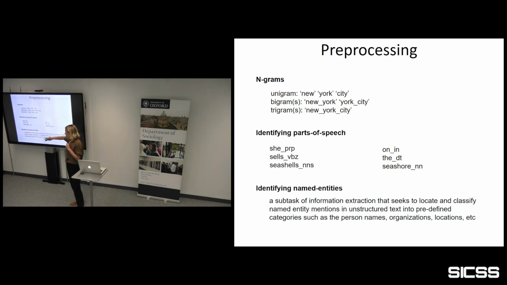And then identifying named entities, which is a subtask of information extraction that seeks to locate and classify named entity mentions in unstructured texts into predefined categories. I have a little tutorial that we're going to go through using the Google Named Entity API.